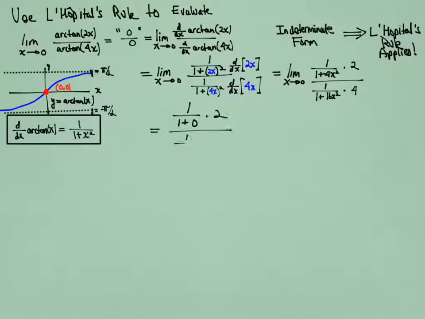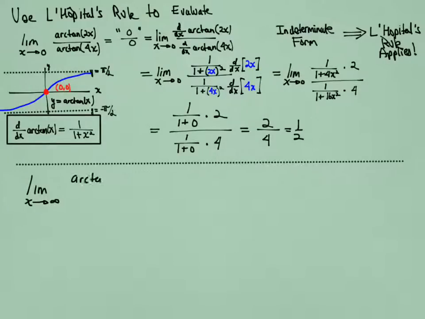This expression now can be obtained by directly evaluating at x equal to 0. In fact, this function in this new limit is continuous at x equal to 0. If I just plug in everywhere I see x, I'll have 1 over 1 plus 0. That's a sensible expression. 1 over 1 plus 0, again, a sensible expression. And if I simplify, I get 2/4 or 1/2. So my original limit is equal to 1 over 2.